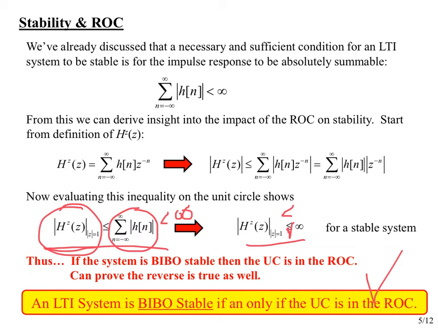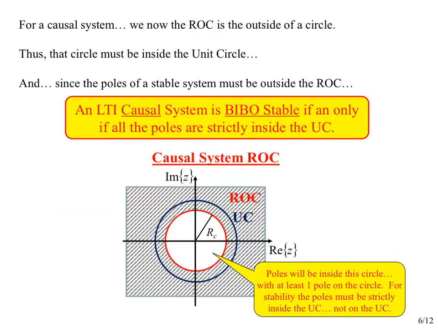That's just another way of saying it is BIBO stable if and only if all poles lie strictly inside the unit circle, since that condition for a causal system puts the region of convergence outside where the poles are, and includes the unit circle at that point. So that's what I'm saying here for a causal system.